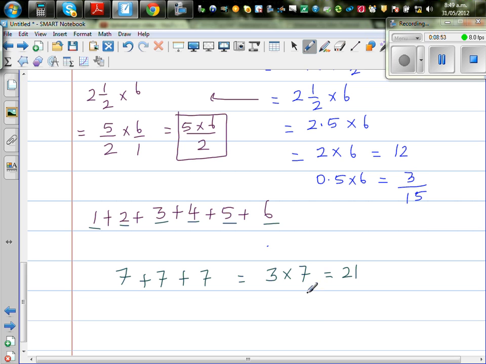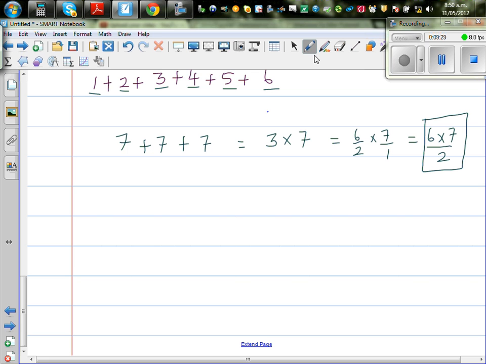Now this 21, can we write this 3 as 6 over 2 times 7, which is the same as 6 times 7 over 2? So I wanted you to think about the 6 and 7. Here we have got 5 times 6 over 2. Here we got 6 times 7 over 2.